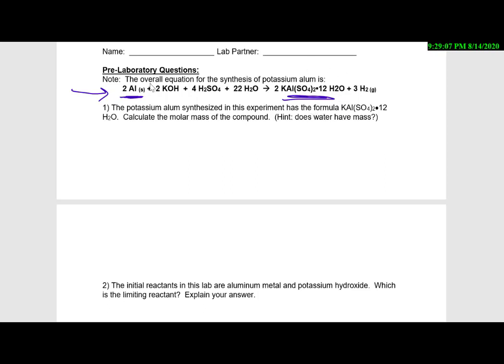So what you'll be doing is calculating the theoretical yield of alum, and I'll go ahead and label this as alum, based on how much aluminum you use in your reaction. You'll notice that it's a 2 to 2 mole ratio, which really is the same as a 1 to 1 mole ratio.